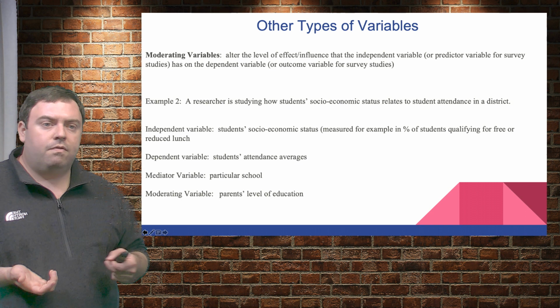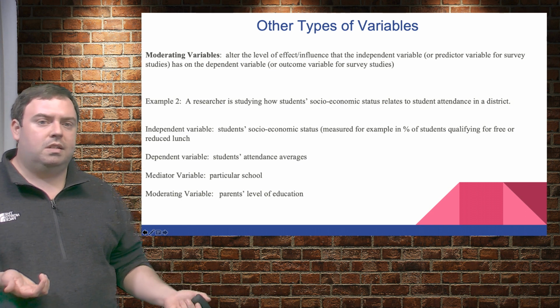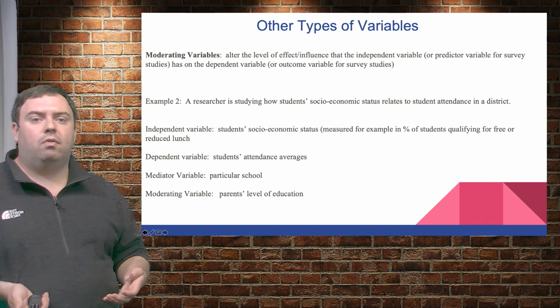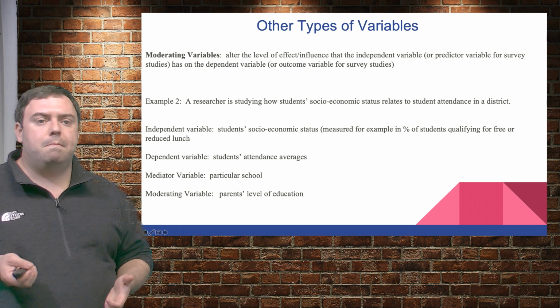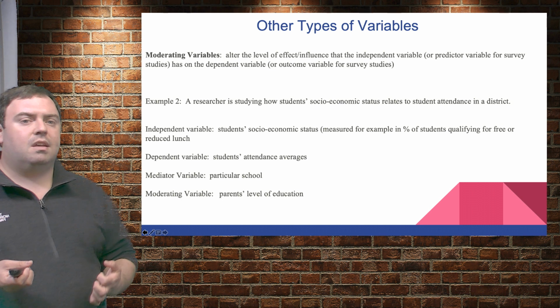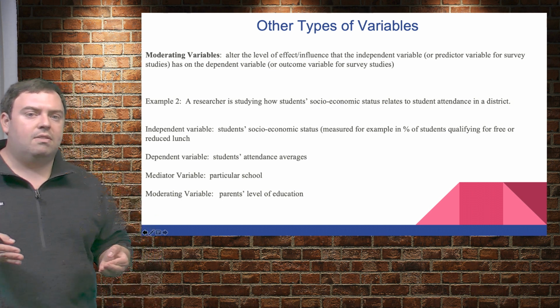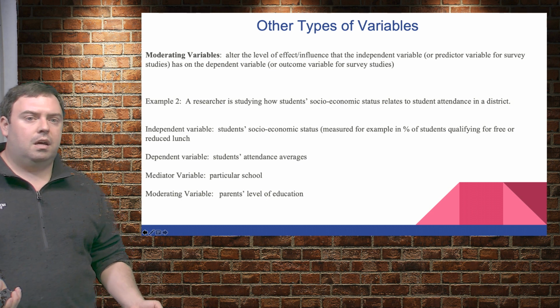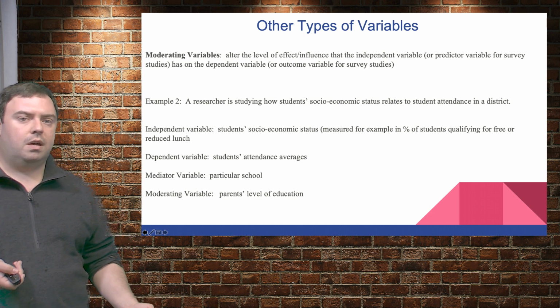And so that could influence whether or not children attend the school district: the parents' level of education. So even though we're not directly measuring that, it is having some influence on the strength of the relationship between socioeconomic status and free or reduced lunch.